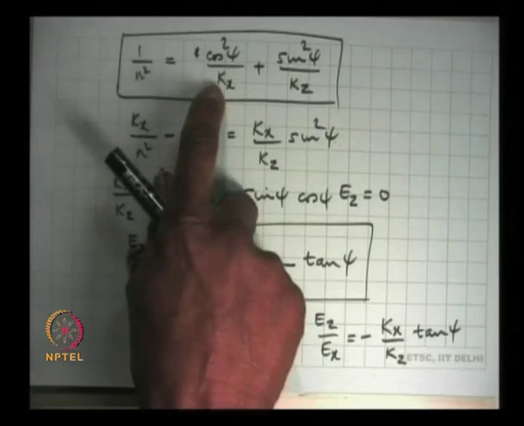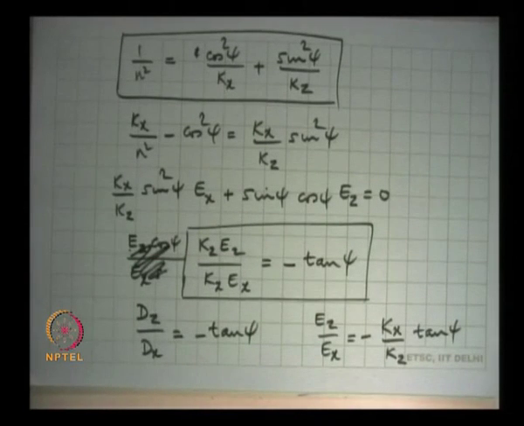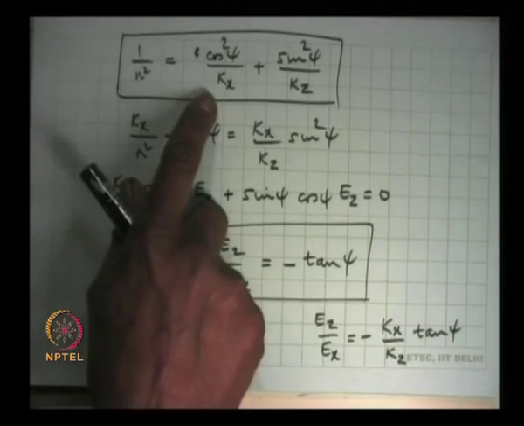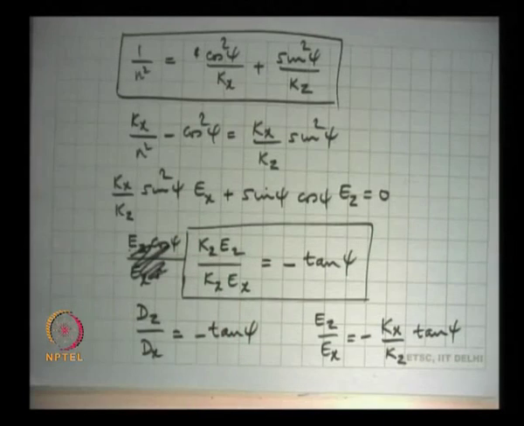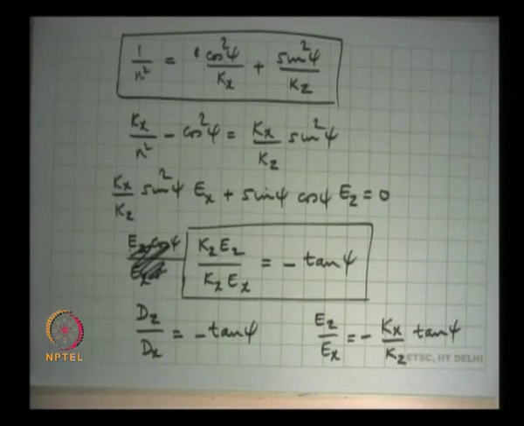So, I need to know only the angle psi with the z axis. Now, what is the refractive index seen by this wave when psi is equal to 0? Cos is 1, sin is 0, so I get n equal to the square root of kx. And what was the refractive index seen by the other wave? Square root of ky.